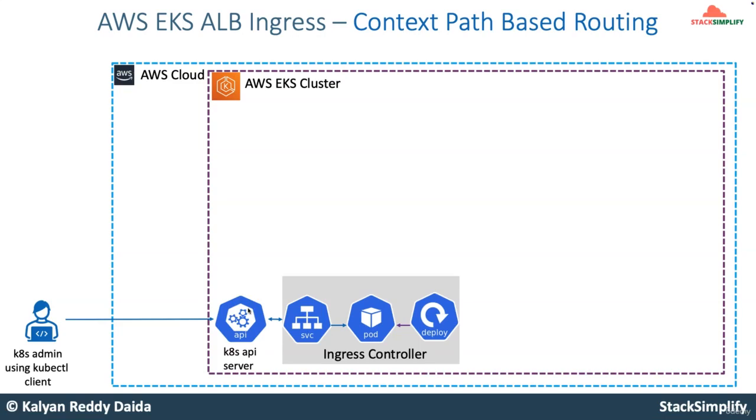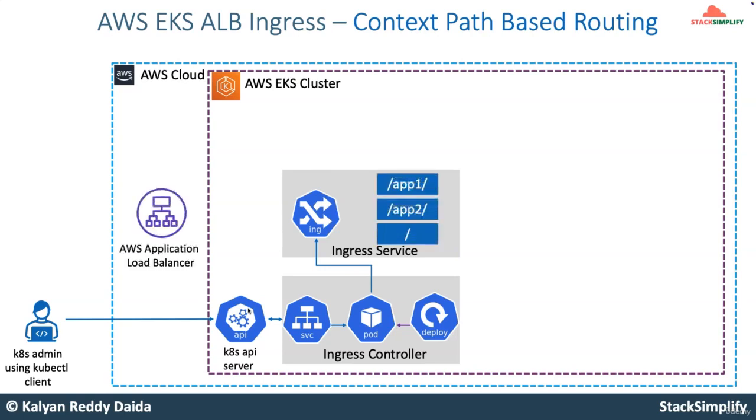If it finds any ingress services deployed, immediately it is going to create the ingress service for us. Whenever this ingress service is created, its equivalent AWS application load balancer is created in the AWS cloud. This ingress service already has context path based routing rules defined inside it, and equivalent routing rules also get created in the AWS application load balancer.